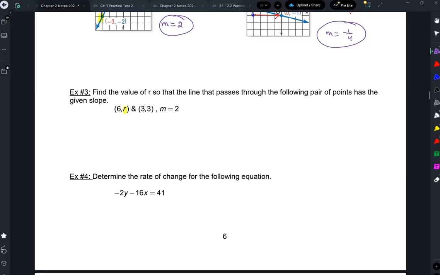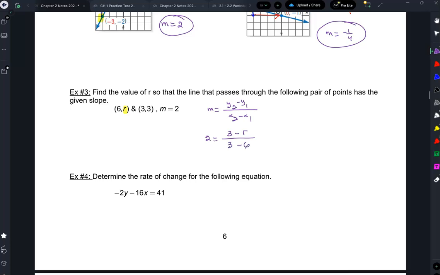So here, m is y2 minus y1 over x2 minus x1. What's m in this problem? 2. 2 equals y2, 3 minus r, over x2, 3 minus 6.